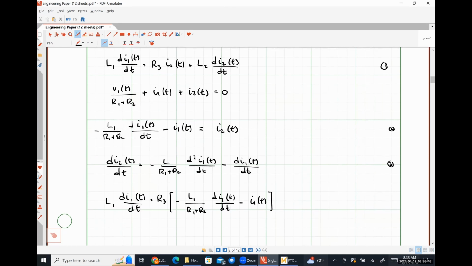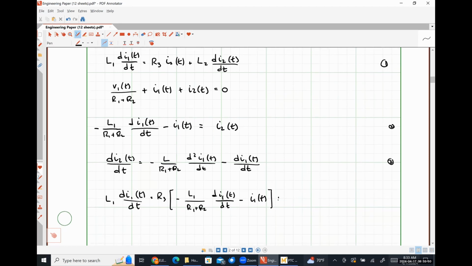And then we're going to have L2 times the derivative of I2, where that is negative L1 over R1 plus R2 times the second derivative of I1, minus the first derivative of I1 with respect to time.